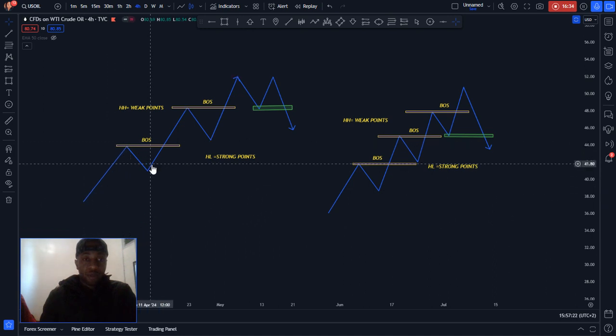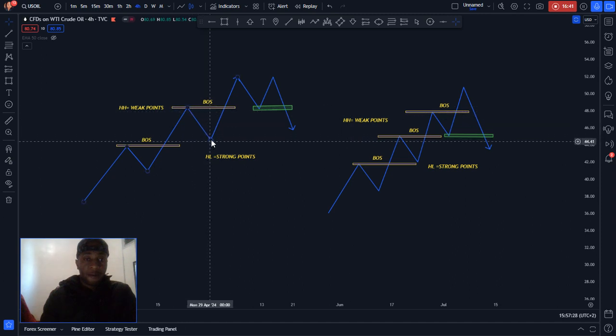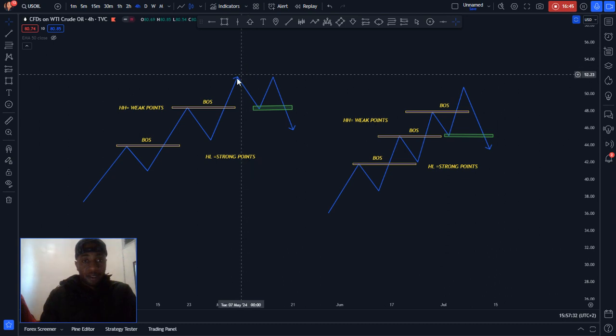For the uptrend, as you can see, when the market has the break of structure, we automatically know that the market is going to give us a correction, and then an impulse again to the upside. It's the very same way when we have the correction like this, the market corrects, and it gives you the impulse to break above that point.